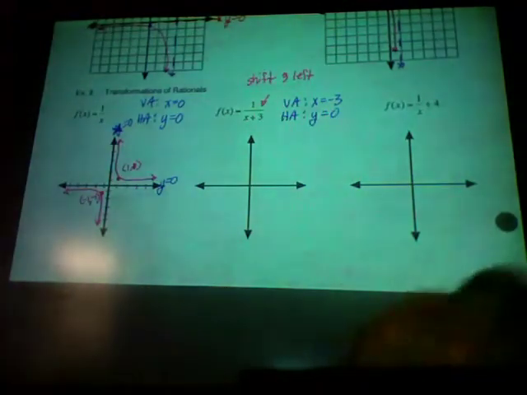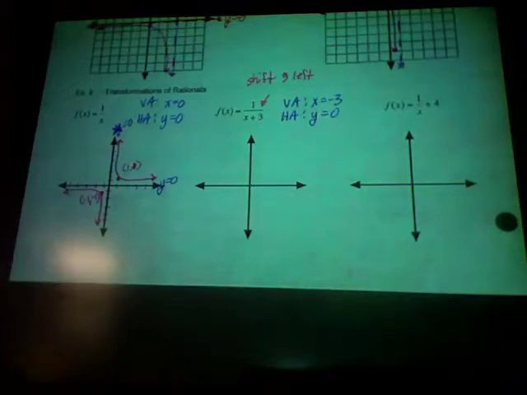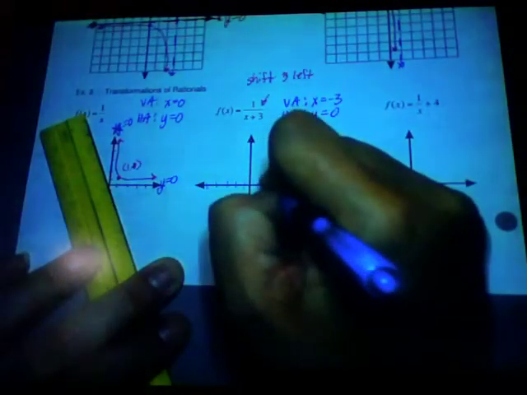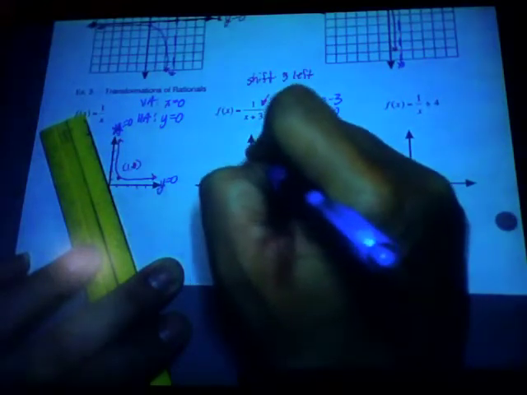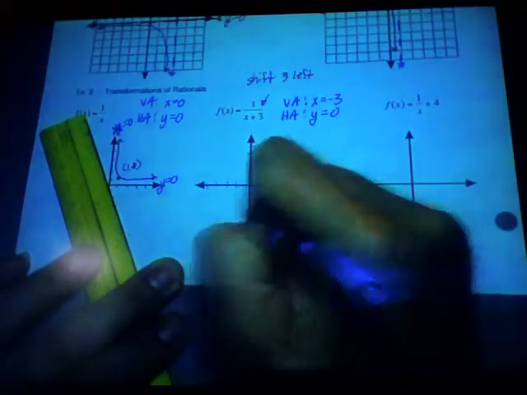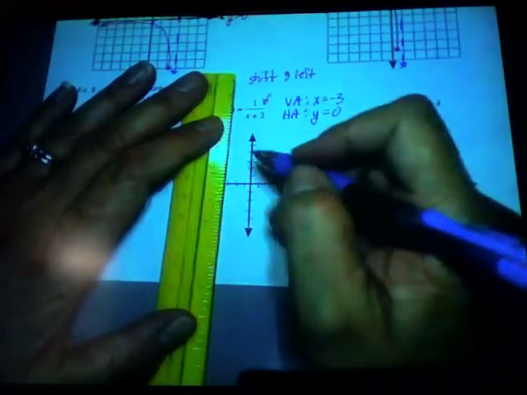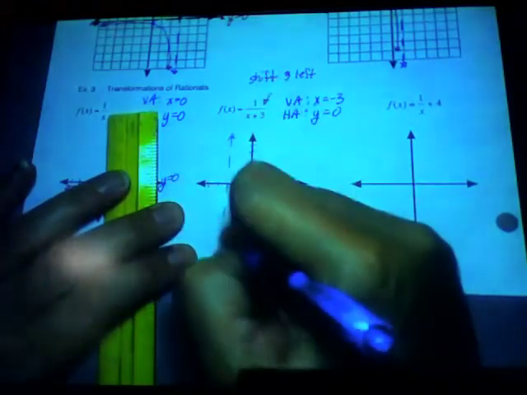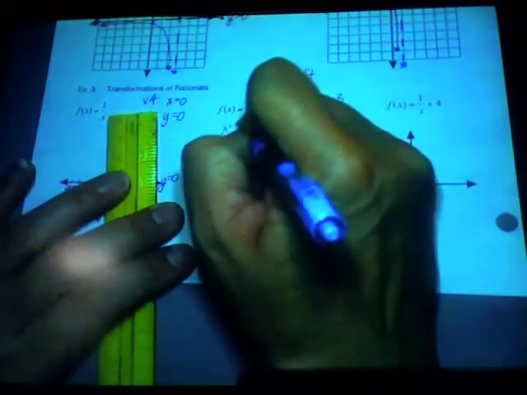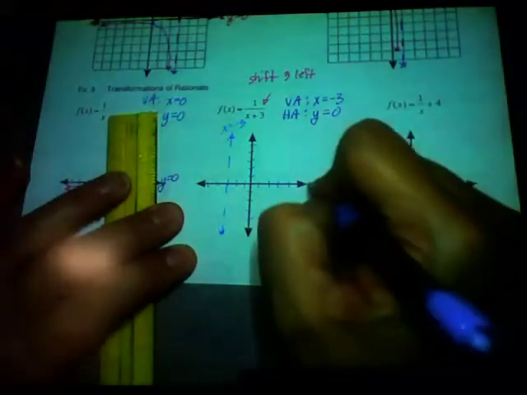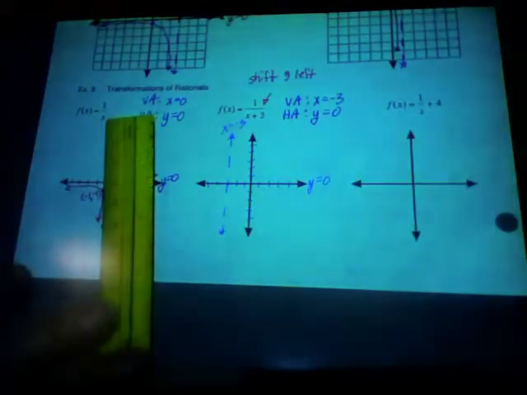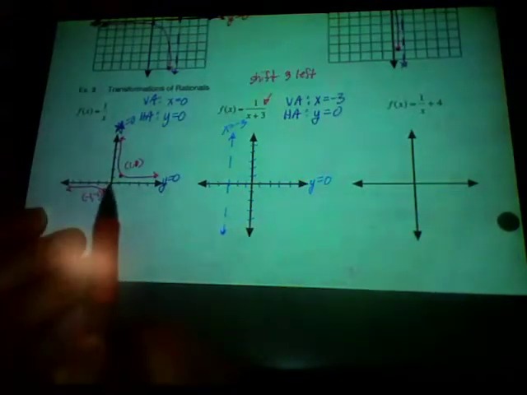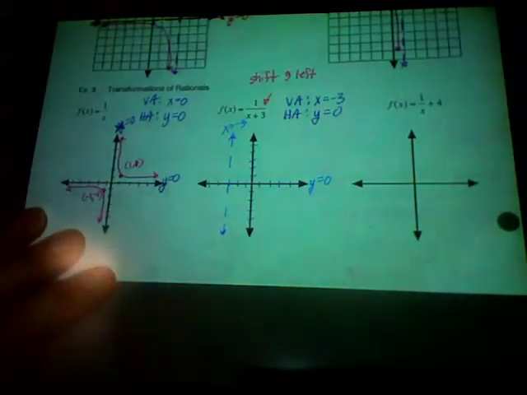So here's our new asymptotes. Let's put them in blue. So x equals negative 3, and I still have to label y equals 0 here. Now, remember from the very middle here, we went 1 to the right and 1 up.